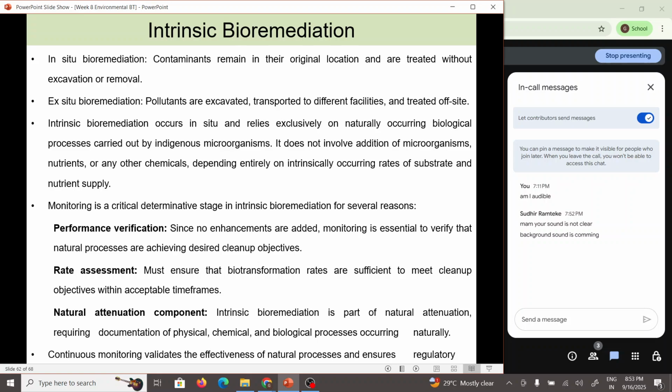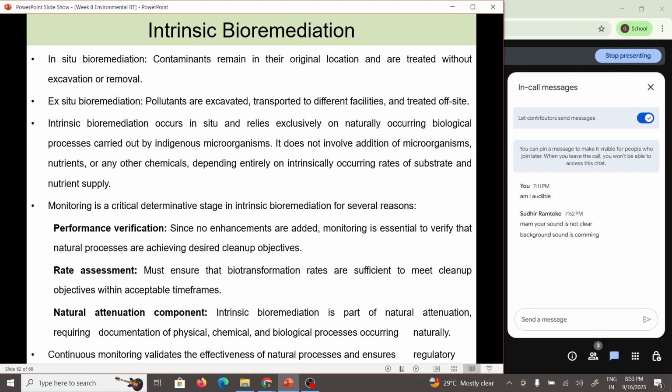In case of intrinsic bioremediation, it occurs in situ and it relies exclusively on naturally occurring biological processes carried out by indigenous microorganisms. We are not going to supply any external microorganisms. Just like the natural attenuation process we talked about, intrinsic bioremediation is similar to natural attenuation processes.